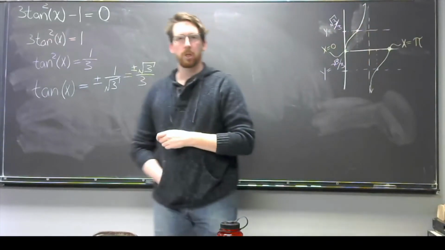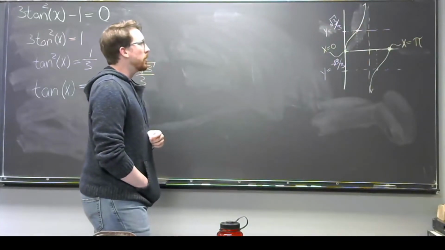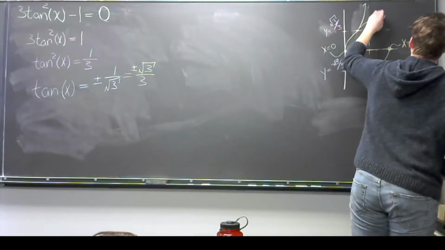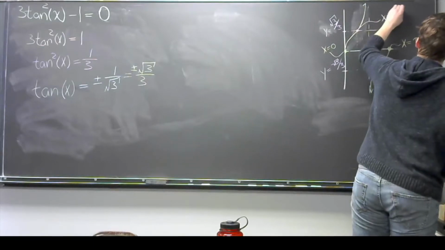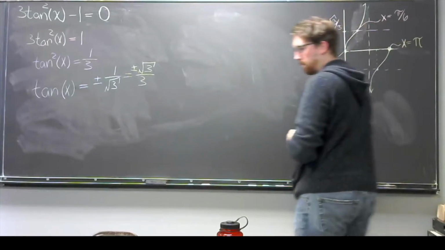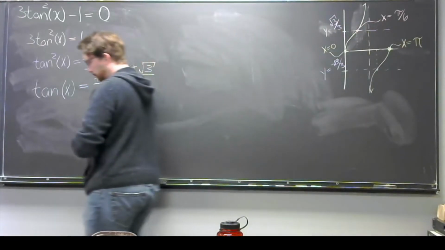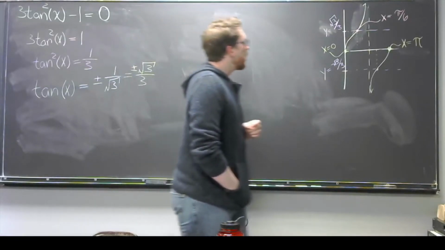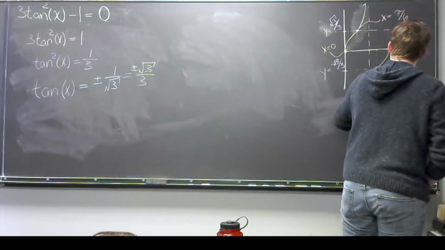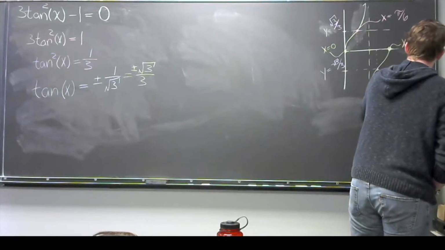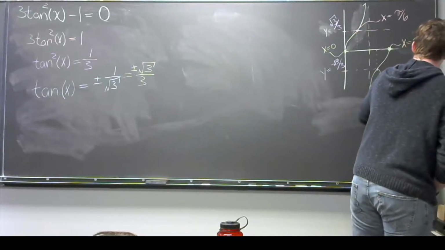The first spot is when x is equal to pi over 6. And the second spot is going to be whenever x is equal to 5 pi over 6.